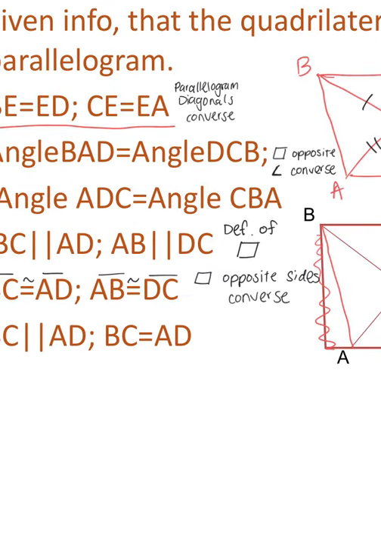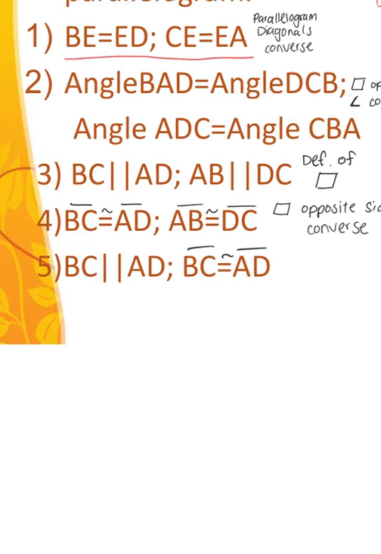And my last one, BC is parallel to AD, and BC is also congruent to AD. This one is not a converse, guys.